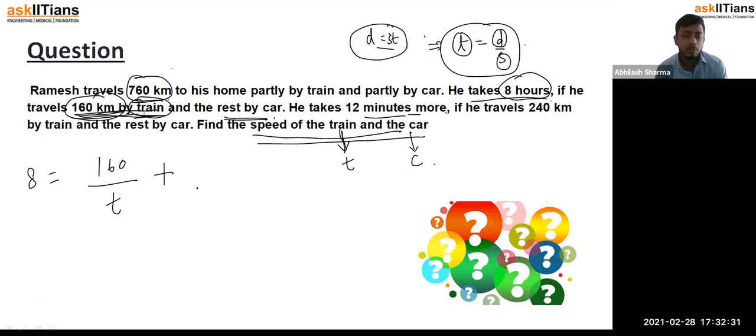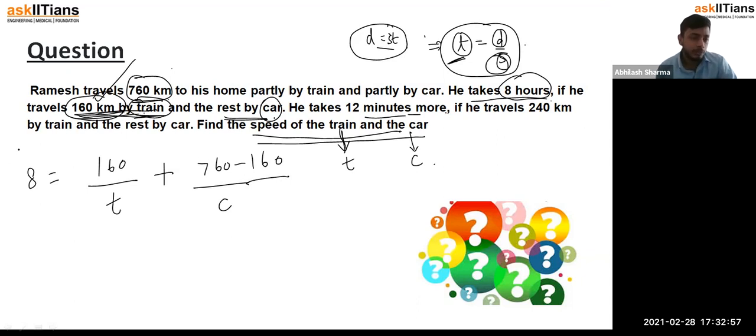Okay, plus the remaining time he traveled using the car. So once again using this formula, how much time will he spend in the car? Distance divided by the speed of car. And what will come in the distance? So he has already traveled this much. So how much distance will remain? 760 minus 160 distance will be remaining, which he will have to travel by car.